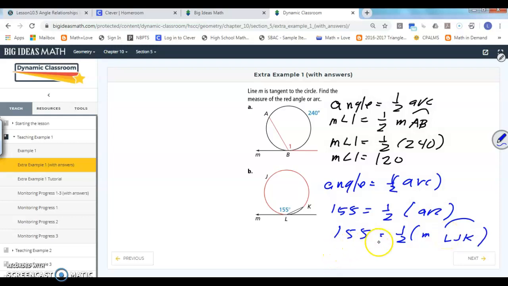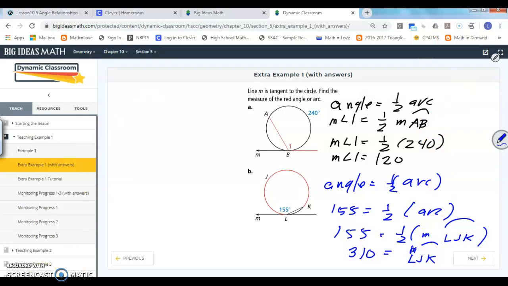So 155 is equal to 1/2 the measure of that arc, so we have to multiply by 2. We get 310 is equal to the measure of arc LJK.